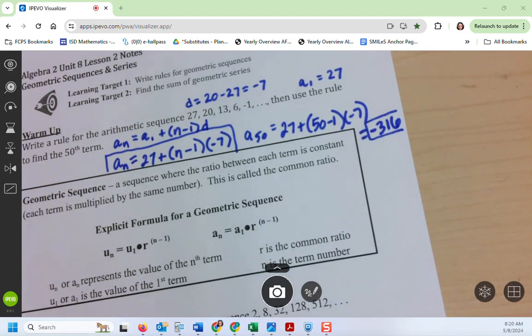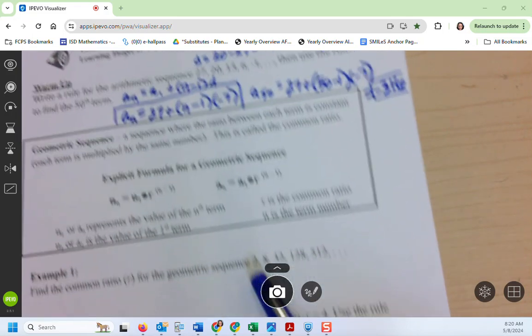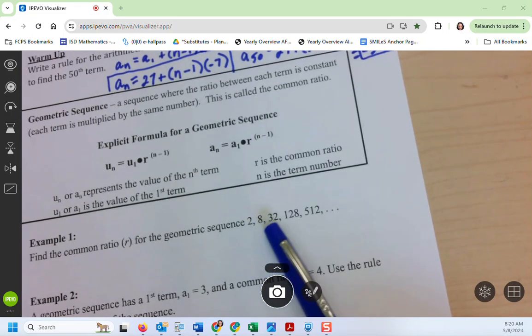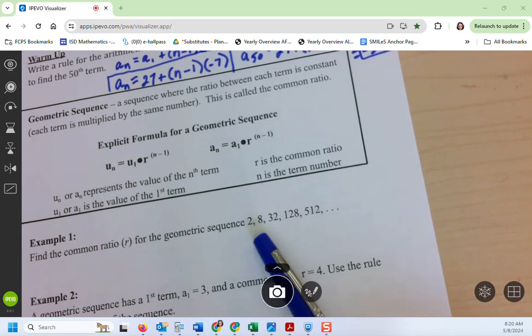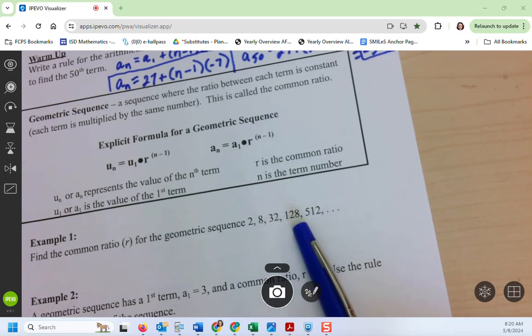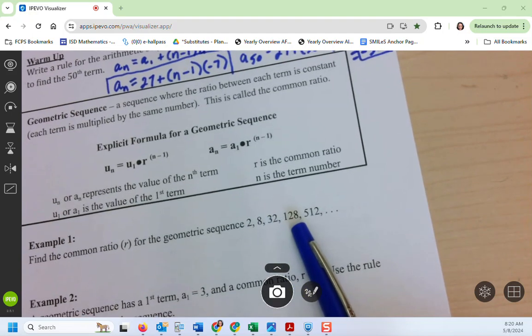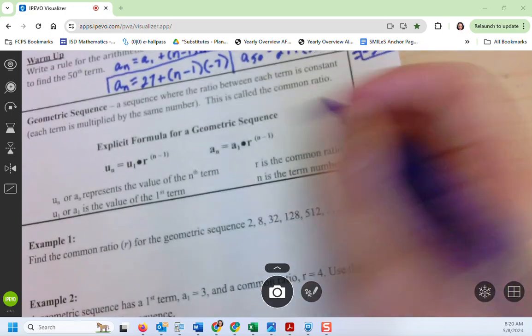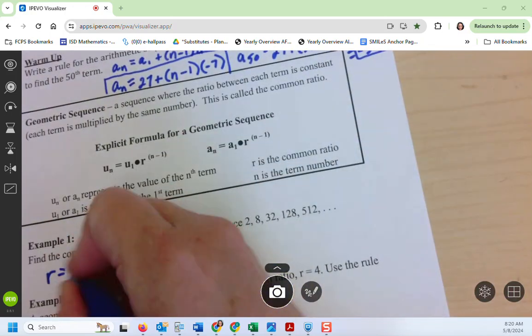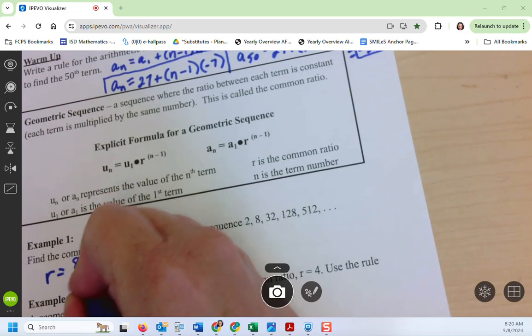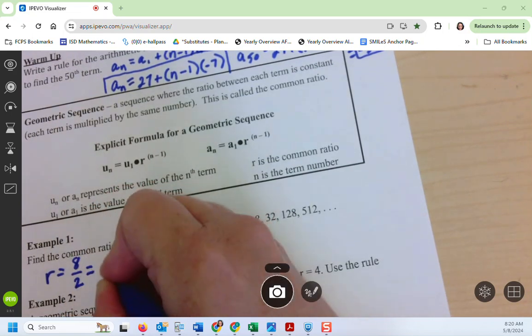Sometimes you can just look at the pattern and you can see 2, 8, 32, 128, that we're just multiplying by what number each time? Yeah, 2 times 4 is 8, 8 times 4 is 32, 32 times 4 is 128. So if you can see it, that's fine. But if you can't, what you can do is you can divide the second term by the first term, 8 over 2, to find 4.